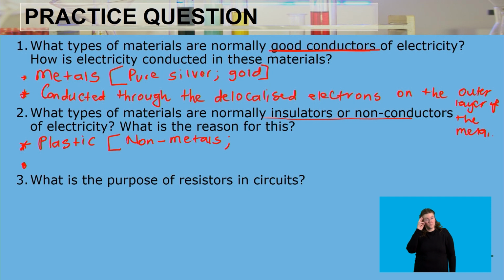Remember, when you're talking about non-metals, we need to be specific to say except for carbon, because carbon in the form of graphite can conduct electricity. So non-metals except for carbon. Now, what is the reason for this?